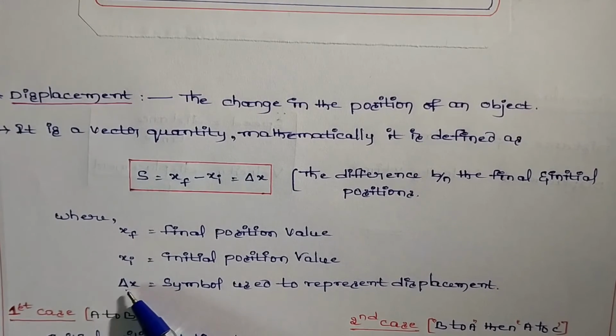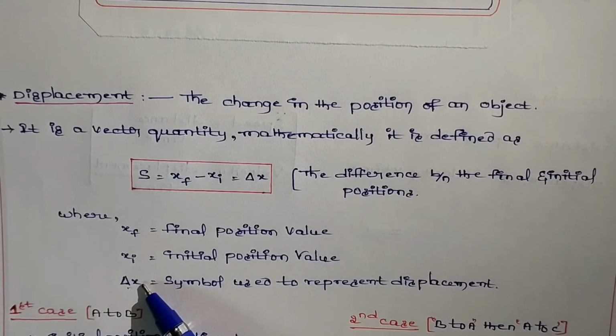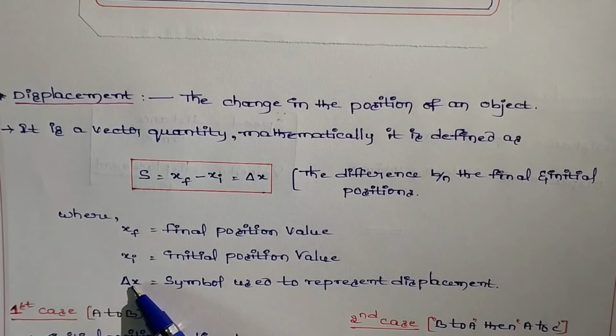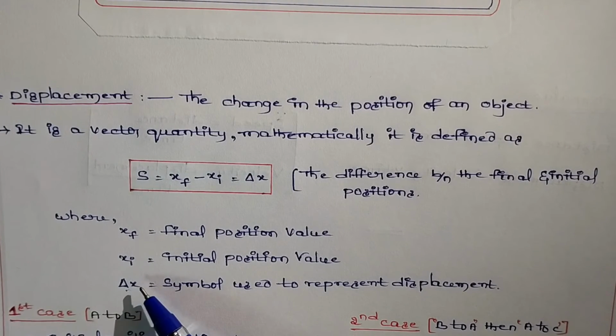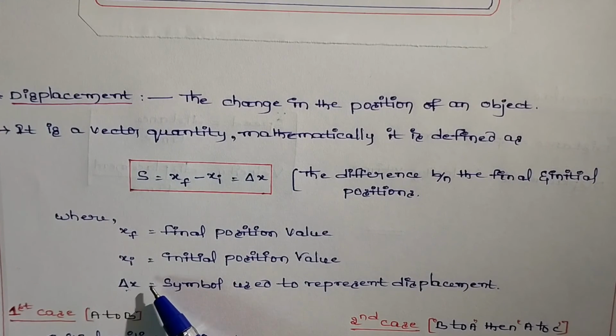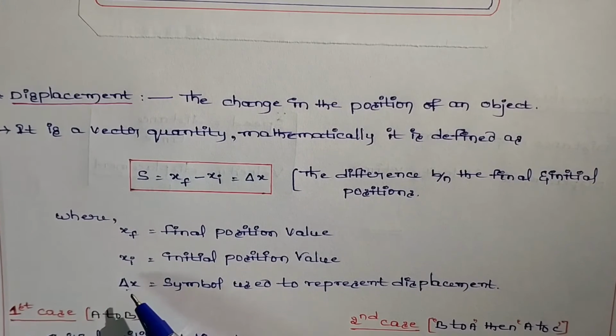If we place this delta before any variable, it refers to the difference between the final value and initial value of that variable.